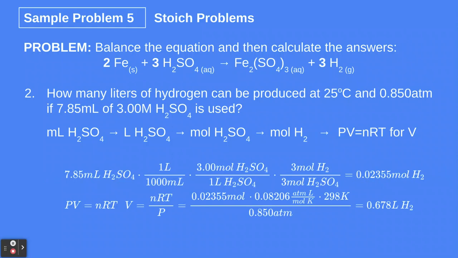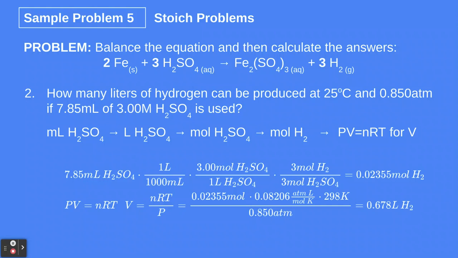Number two, how many liters of hydrogen can be produced at 25 degrees Celsius in 0.850 atmospheres? So for this one here, you're going to run a stoichiometric problem that goes milliliters of sulfuric to liters of sulfuric to moles of sulfuric to moles of hydrogen. You're going to stop there, use that moles of hydrogen gas as n to solve for V in the ideal gas law.